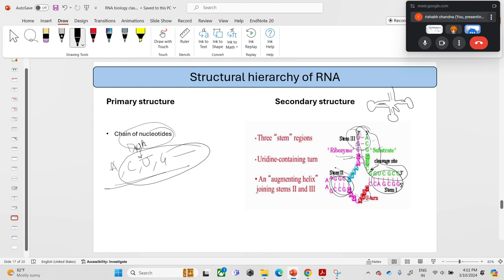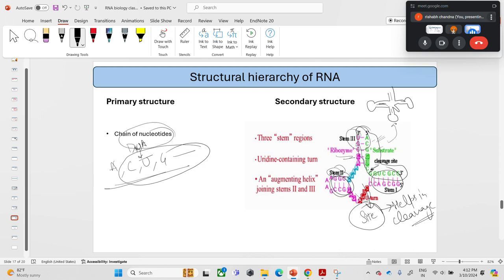And stem 2 functions in forming this particular site that helps in cleavage.